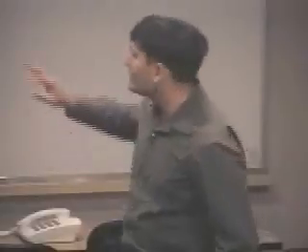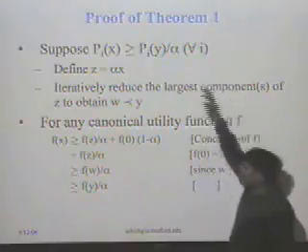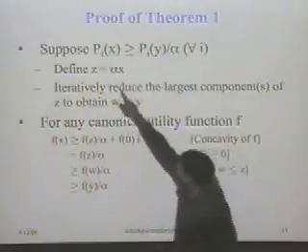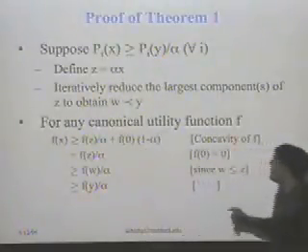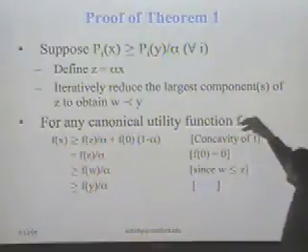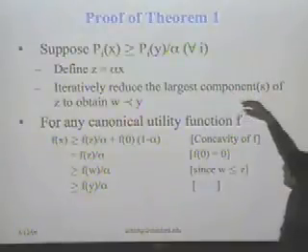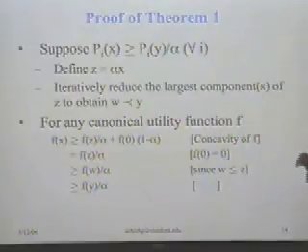So here's the proof of theorem 1. I said I'm going to skip all the hard proofs and give only the easy ones. Let's assume pi of x is greater than or equal to pi of y by alpha for all i, and for all y. So x is alpha majorized. I define z as alpha times x. Now if z is alpha times x, then the following operation is key: I can iteratively reduce the largest components of z to obtain a w which majorizes y.